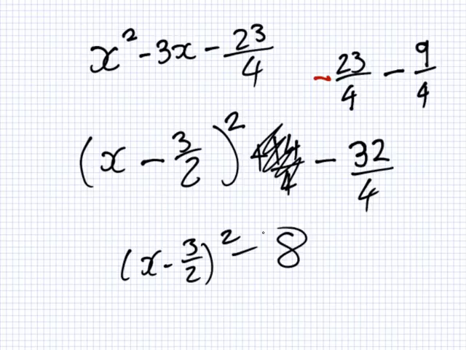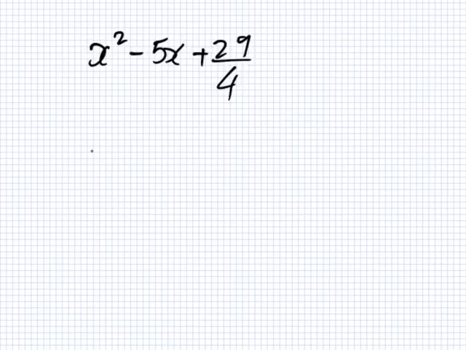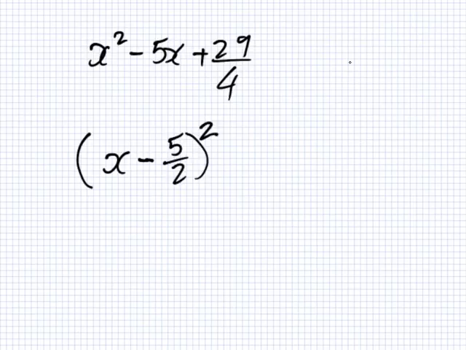Okay, let's try another one, more difficult. x squared minus 5x plus 29 over 4. We'll do this together. Okay, so first what do I need? 5 over 2 squared, and then I have 29 over 4 minus 25 over 4.